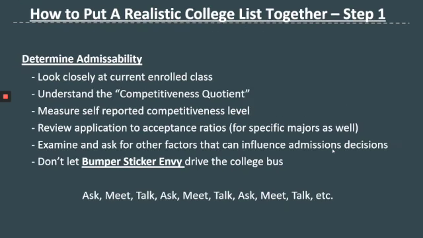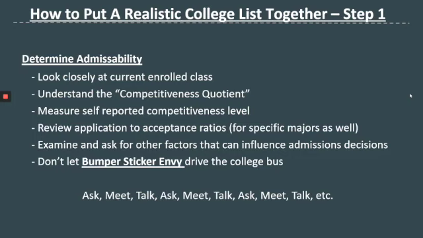A couple extra steps that we wanted to make sure that we took you through relative to putting your perfect college list together. Again, you want to determine admissibility of your student, meaning, again, the ability of your child to get accepted. Look closely at the current enrolled class, the latest class, the freshman profile.